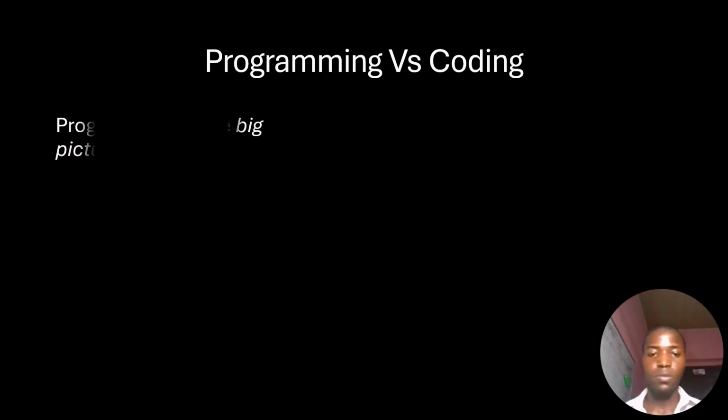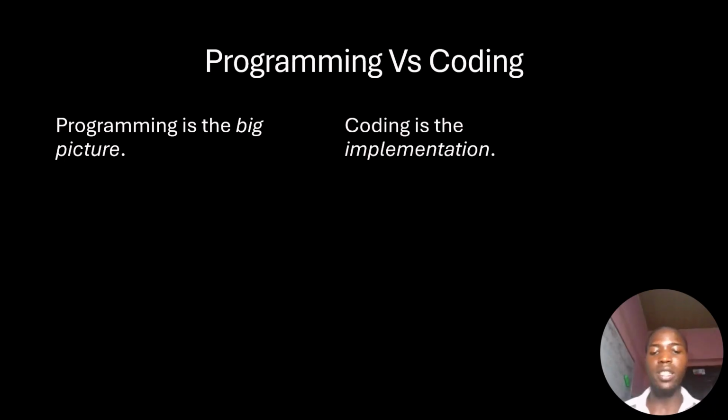Now, programming is the big picture. It's the big picture in software engineering. So it's not like every time you are on your laptop. No, programming involves thinking and problem solving. It involves planning, and it's the big picture. While coding is the implementation.